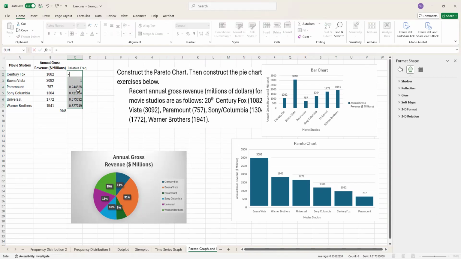Hold on. I need to erase everything. I do equals frequency divided by the totals. So in these totals here, I can hit F4 or put a dollar sign, enter.